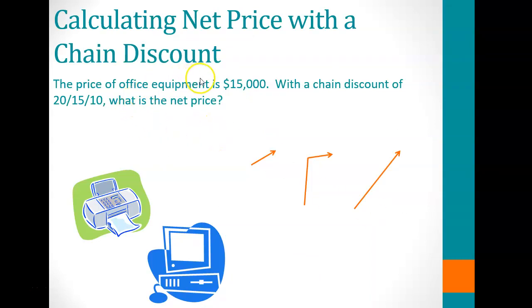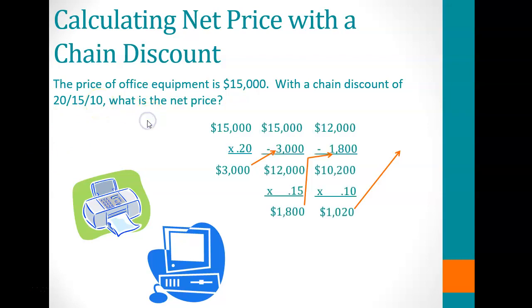So what if we have office equipment that costs $15,000, but there's a chain discount of 20/15/10? We're saying what is going to be the net price. So you could do it the long way. You could take 15,000 times 20%, get a discount of 3,000, which means the remaining cost would be 12,000.